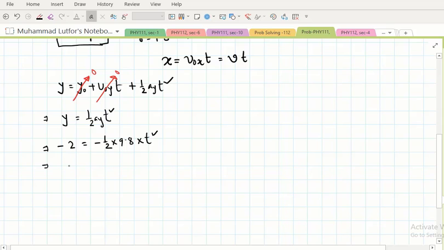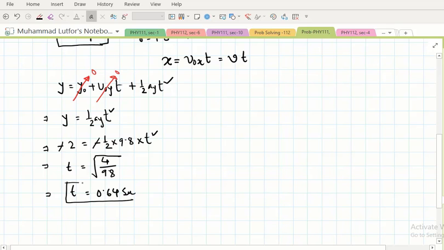The minus sign cancels out, so t is the square root of 4 divided by 9.8, which gives the time of flight of the stone as about 0.64 seconds.